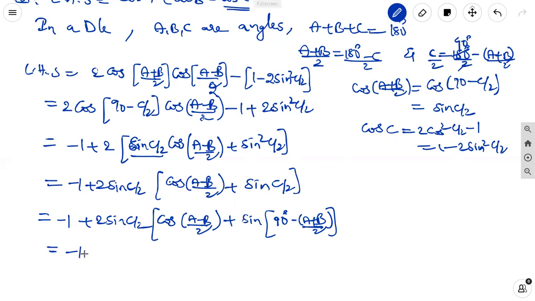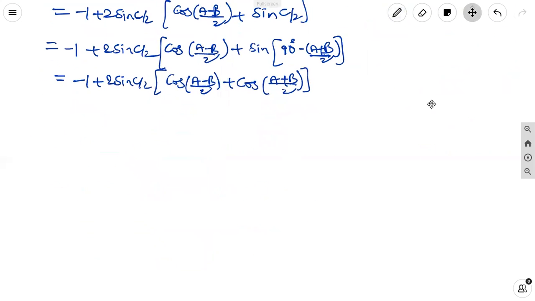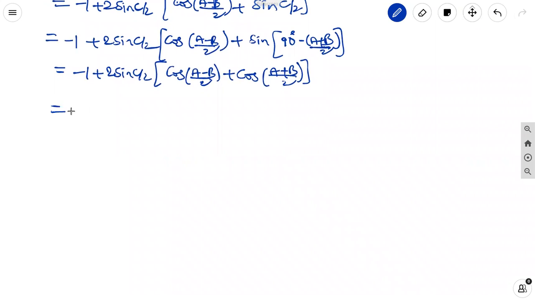Since sin of 90 minus theta is cos, it is equal to minus 1 plus 2 sin C by 2 times cos of (A minus B) by 2 plus cos of (A plus B) by 2.